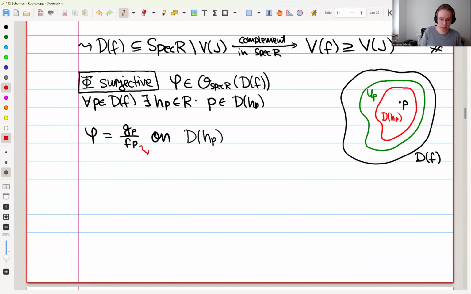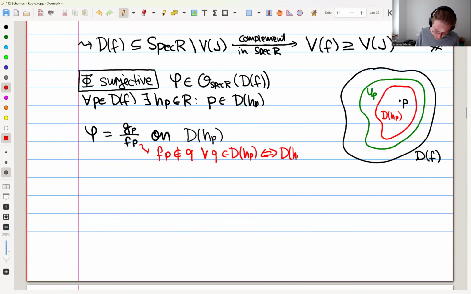So we want that FP is not in Q for all Q in DHP. So this is the first form that we can find. Let's already observe this here is equivalent to saying that for all Q in here, this is not contained. In other words, Q is contained in D of FP. Okay? And so we have that D of HP is contained in D of FP.